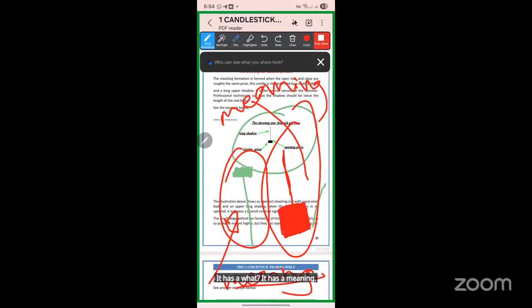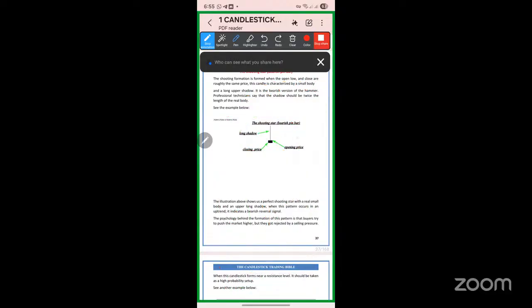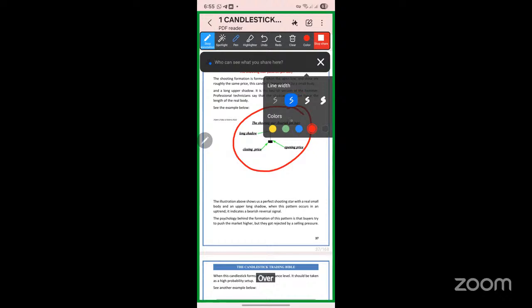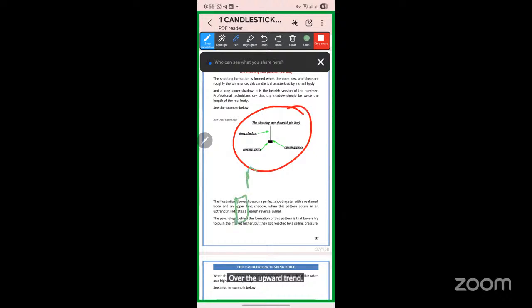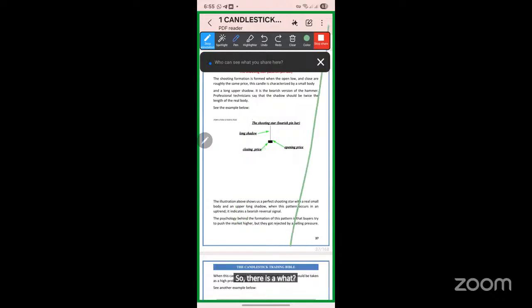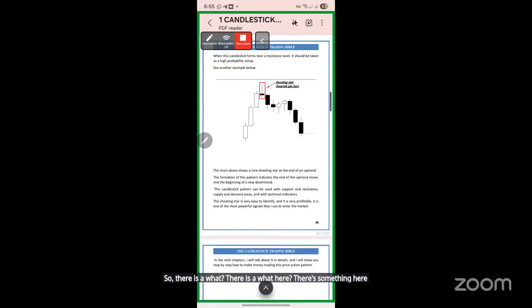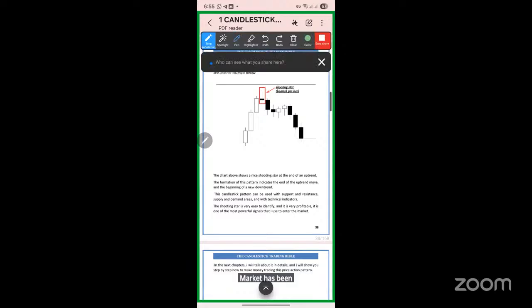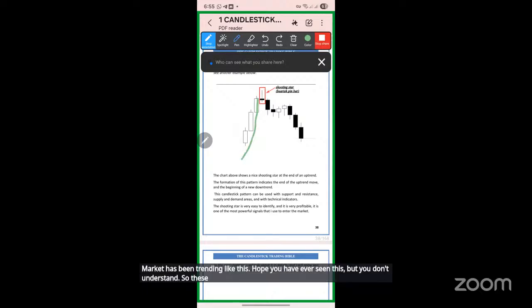Now, what do you see here? The shooting star, when you find it, is always formed at the end of the upward trend. The market has been trending upward like this, and these are all green candles.